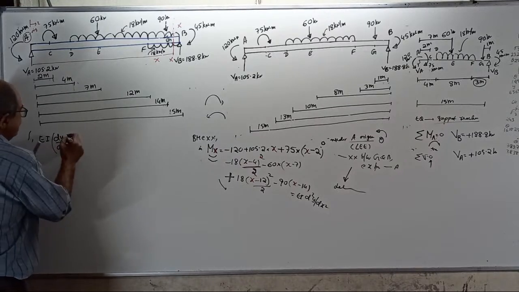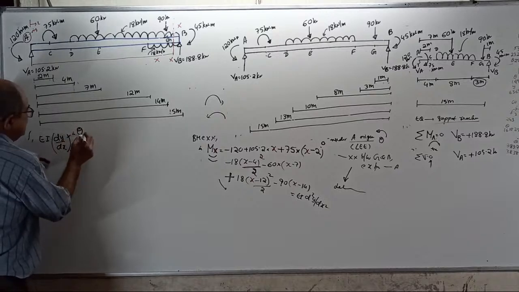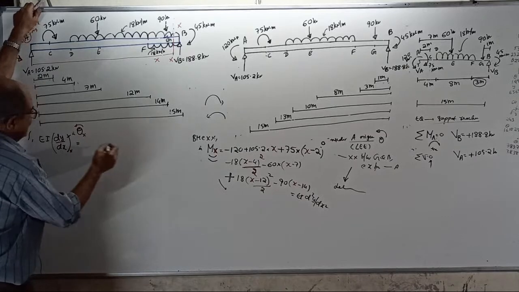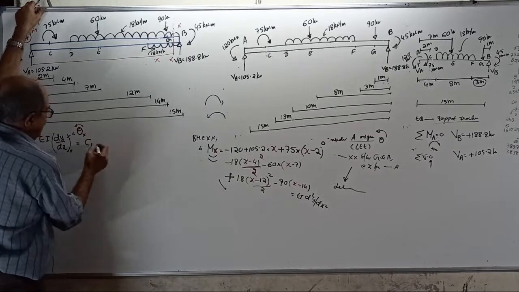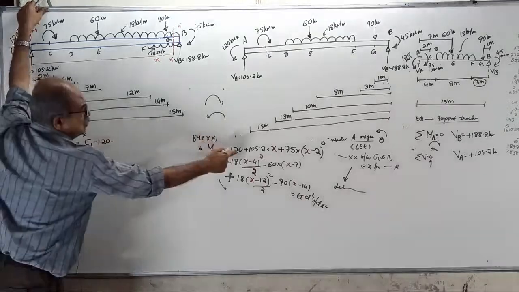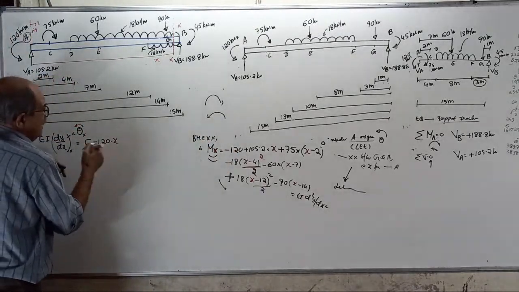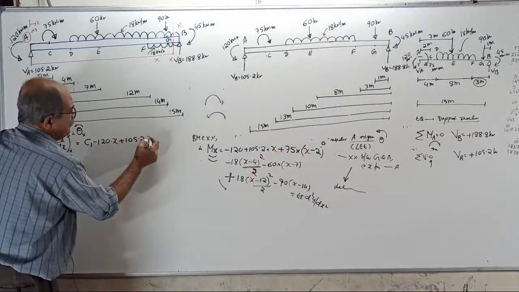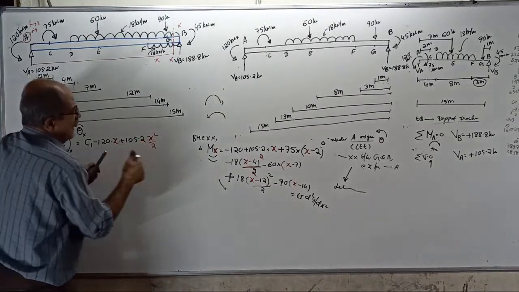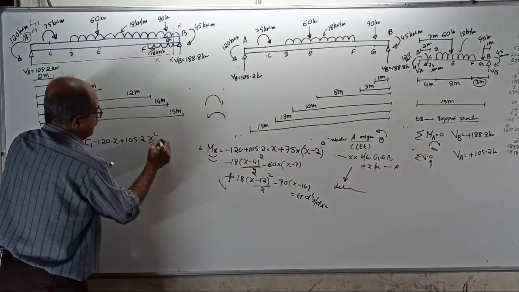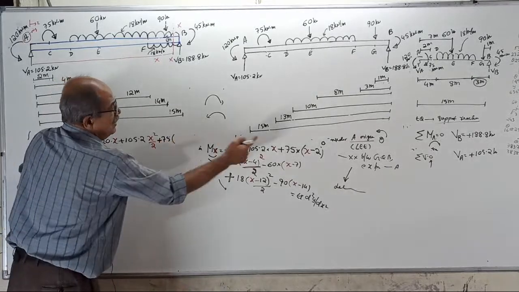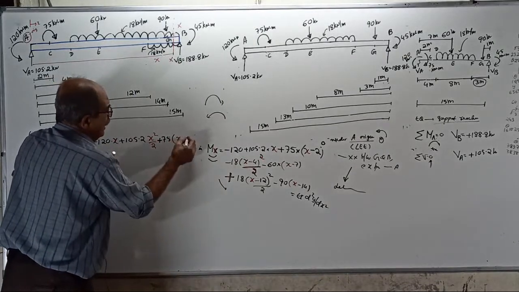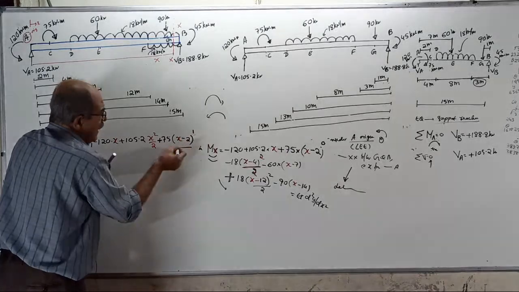That is theta at x, left origin, anti-clockwise positive, equal to, start, a constant C1, then minus 120 into x, when nothing is there, plus 105 into x square by 2, then plus 75 into x minus 2 to the power 0 becomes x minus 2 to the power 0 plus 1, 1 divided by 1.